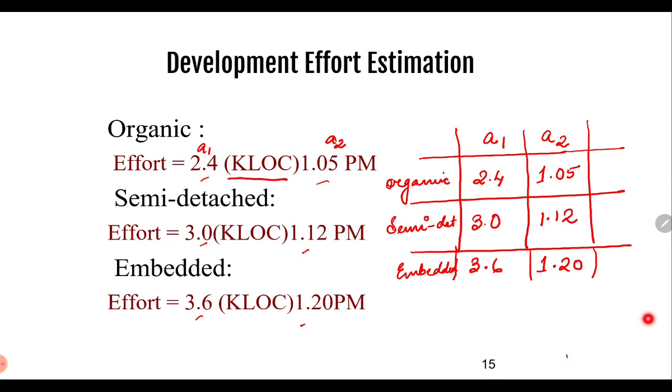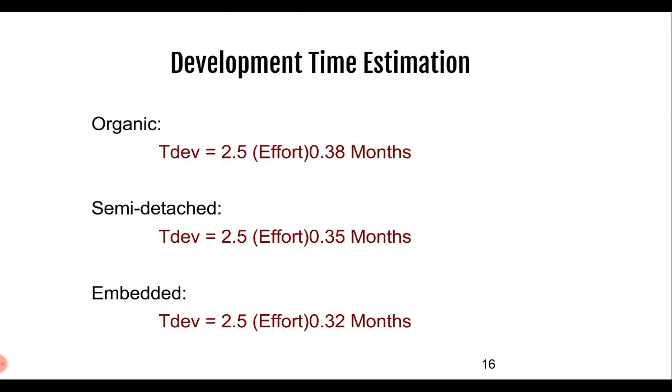And KLOC will be the lines of code converted into kilo lines of code. We have to understand that this table is extremely important, as we need to remember it throughout in order to solve any of the development effort estimation problems. Talking about development time estimation, we again have different constants and a different equation.